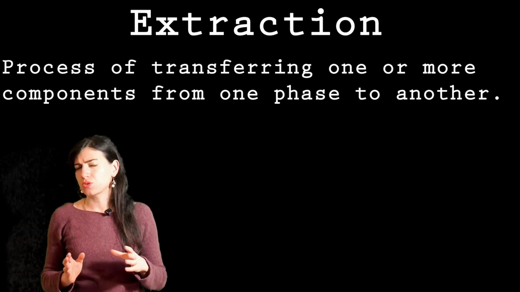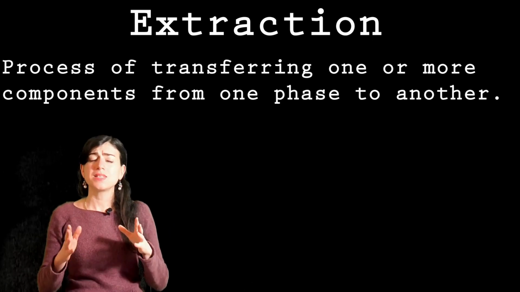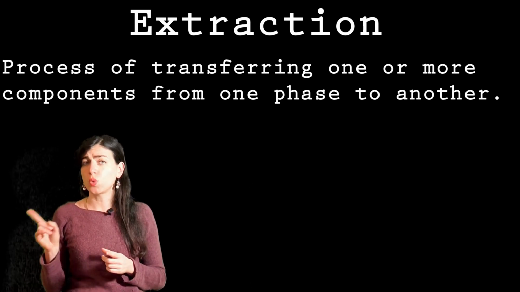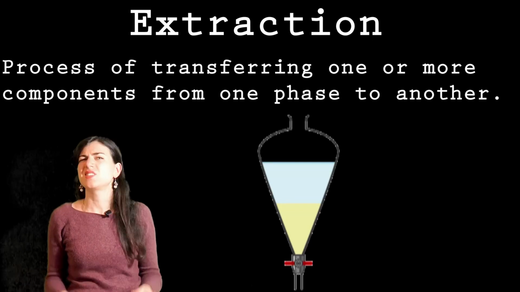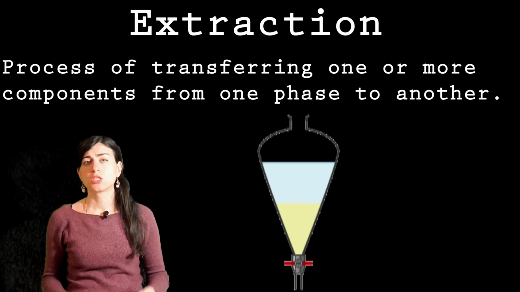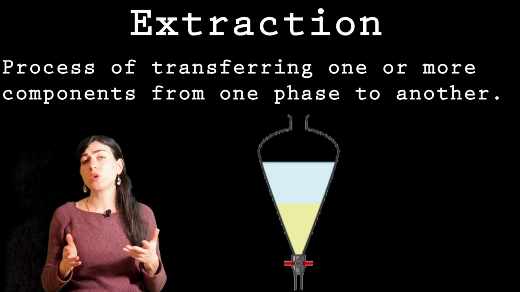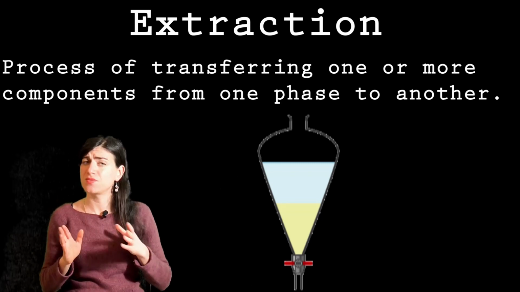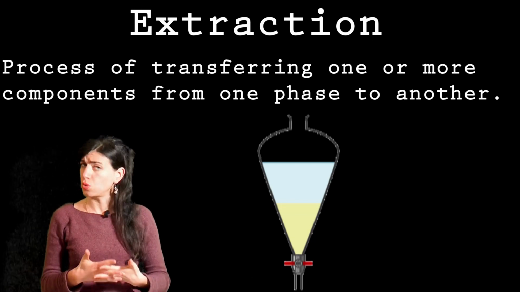Liquid-liquid extraction in organic chemistry lab is performed using the separatory funnel, which is this tool you can see on your screen. This is the star of the show today. So inside the separatory funnel, we will put the two immiscible liquids because it's inside this funnel that extraction occurs.